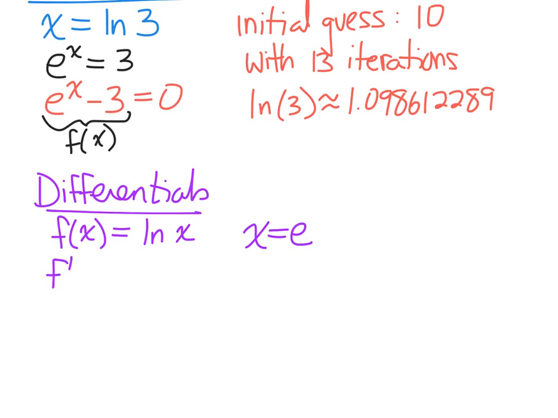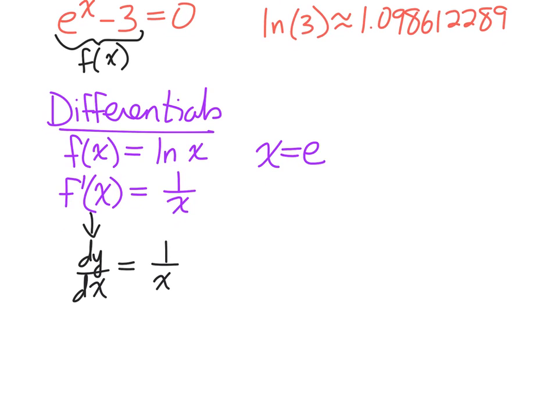So we'll have f prime of x equals 1 over x, so that's the same as before. Now, another way to represent f prime of x would be dy dx. The differential form of this differential equation has us taking this dx and swinging it to the other side.